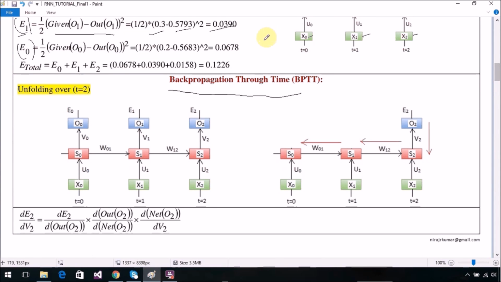Actually, backpropagation is a partial derivative with respect to some given weight. For example, we can take the backpropagation with respect to V2, with respect to W12, with respect to W01, with respect to V1, V0, and so on.